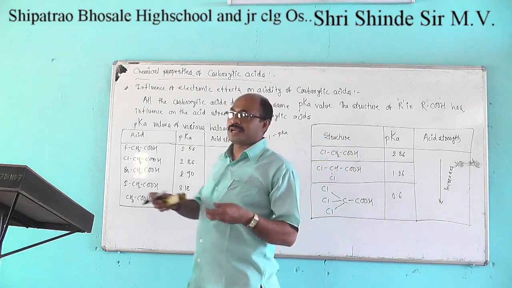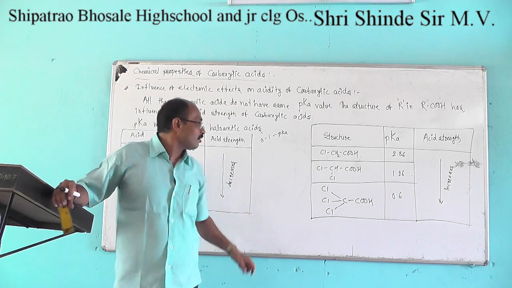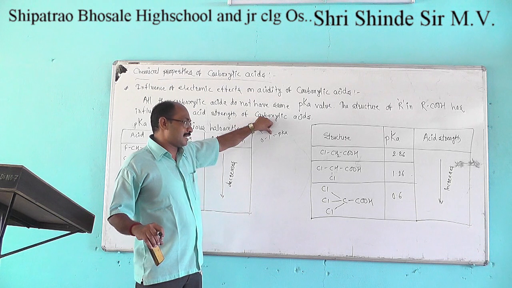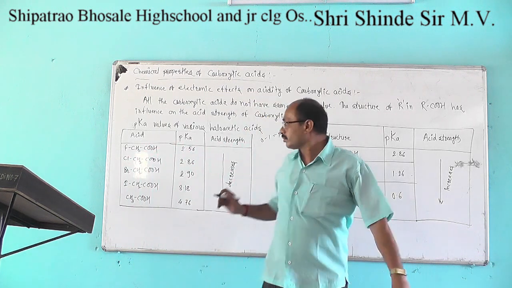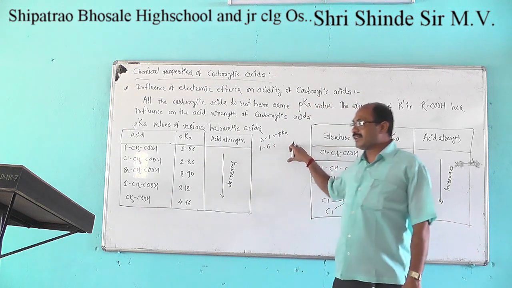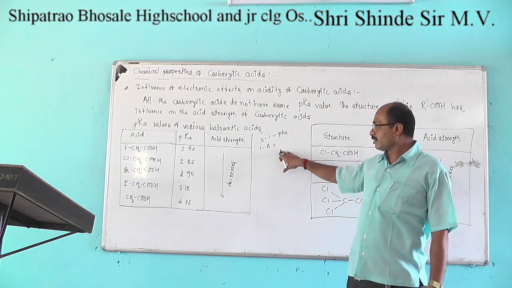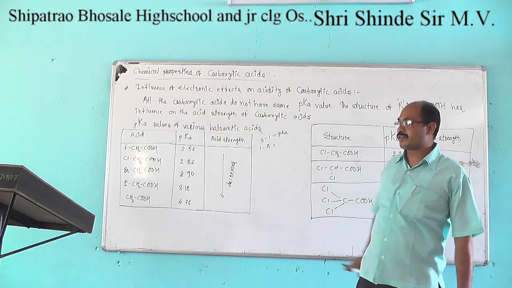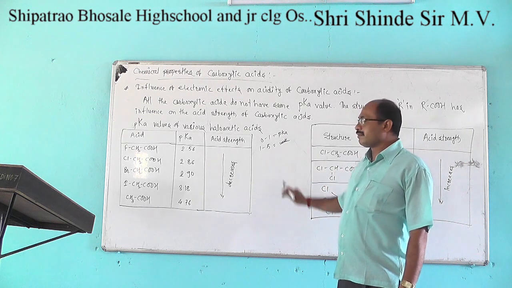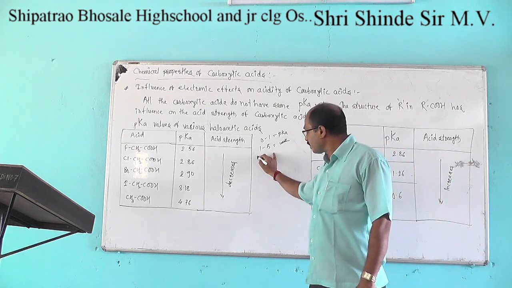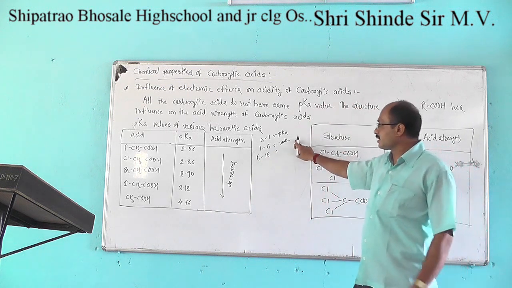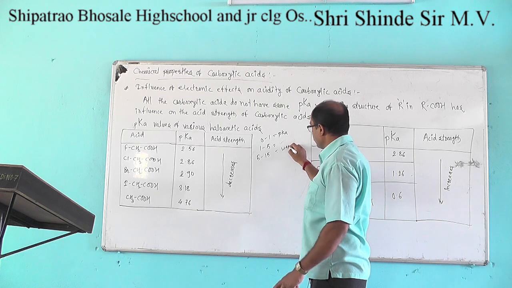Acids like hydrochloric acid, sulfuric acid, and nitric acid have pKa values below 1. Those with pKa values 1 to 5 are considered weak acids, and those with pKa values between 5 to 15 are considered moderate acids.